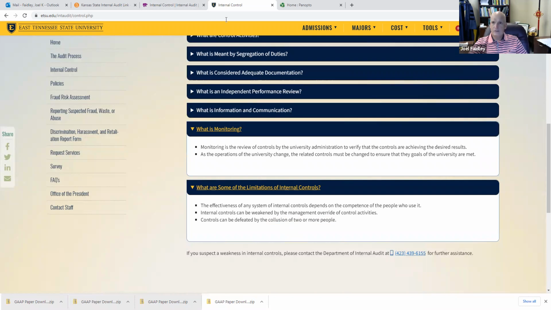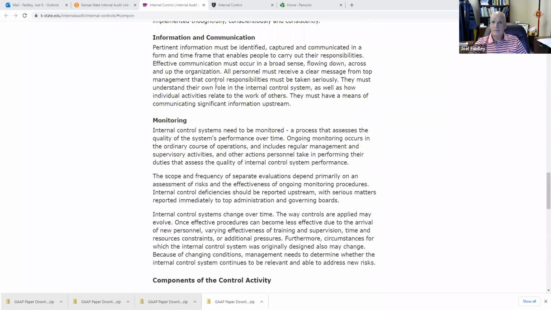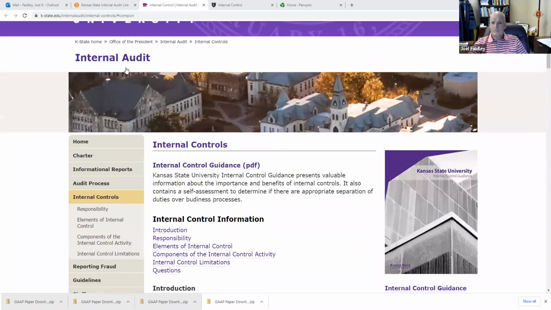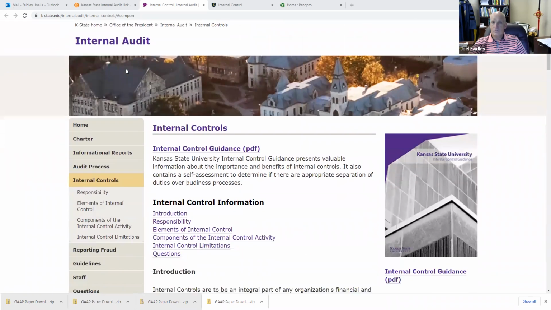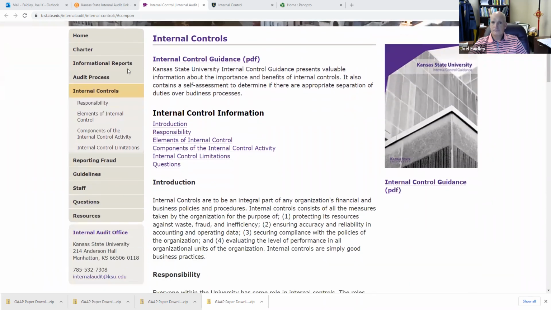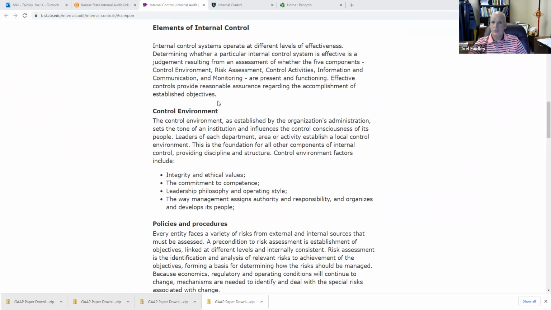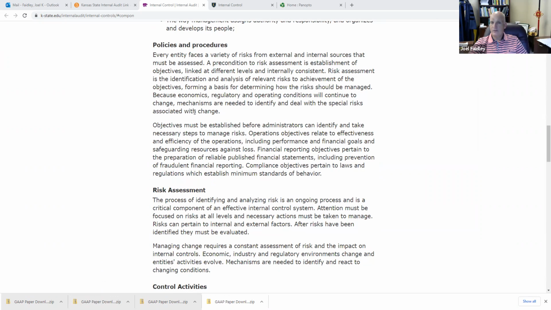Let me see if I can share that. I think I'm sharing it, but let me go back and, yeah. K-State has something similar for internal control, internal audit at their university. Elements of internal control, there it is, the control environment. Policies and procedures, that was on the other one, was it?